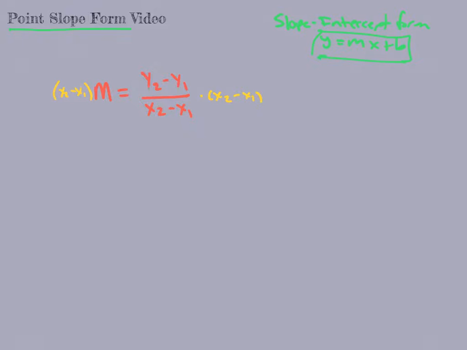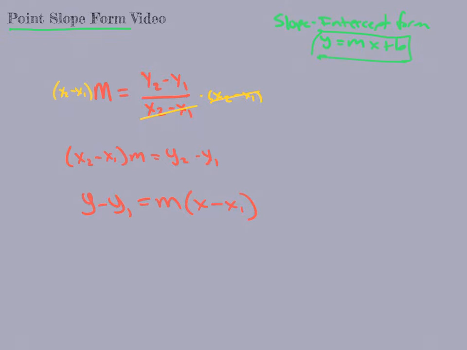So here these guys would cancel, and now I get x2 minus x1 times m equals y2 minus y1. Now all I'm going to do is reorder this a little bit, and we're going to see that I get this formula: y minus y1 equals m parentheses x minus x1.